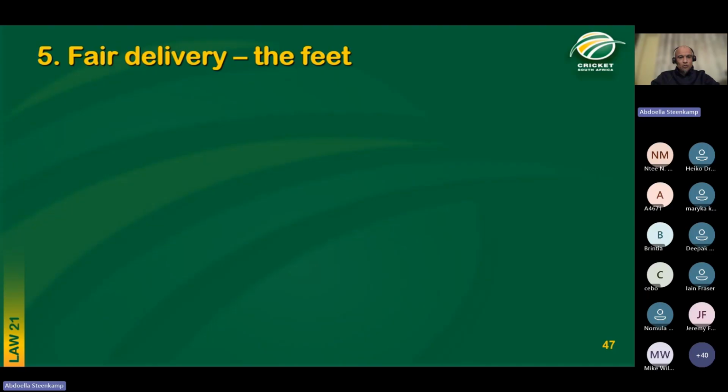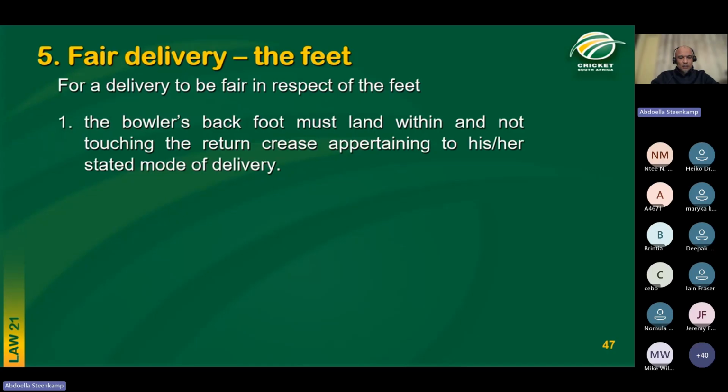When it comes to no ball, we firstly start with the feet. And when it comes to the feet, we need to look at the front foot and the back foot separately. They have different sets of laws. Let's first start with the back foot. The law tells us the back foot must land within and should not be touching the return crease.